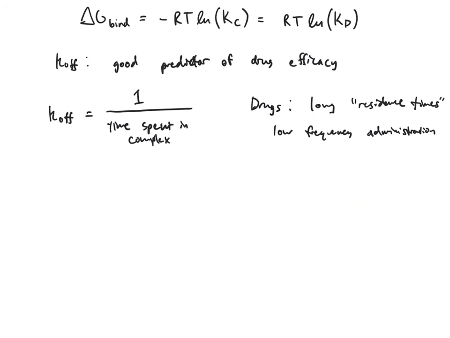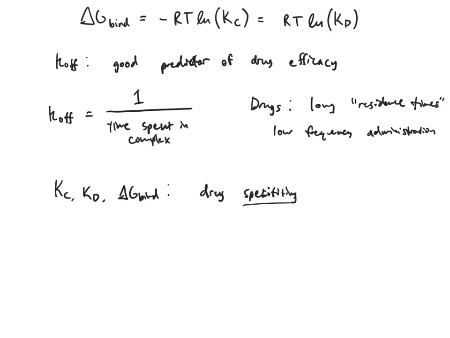So then, what are Kc, Kd, and delta G binding good for? Those are also very useful quantities to know because those mainly predict drug specificity. The more negative that delta G of binding, the more likely the drug is only going to attack its particular target and not any other.